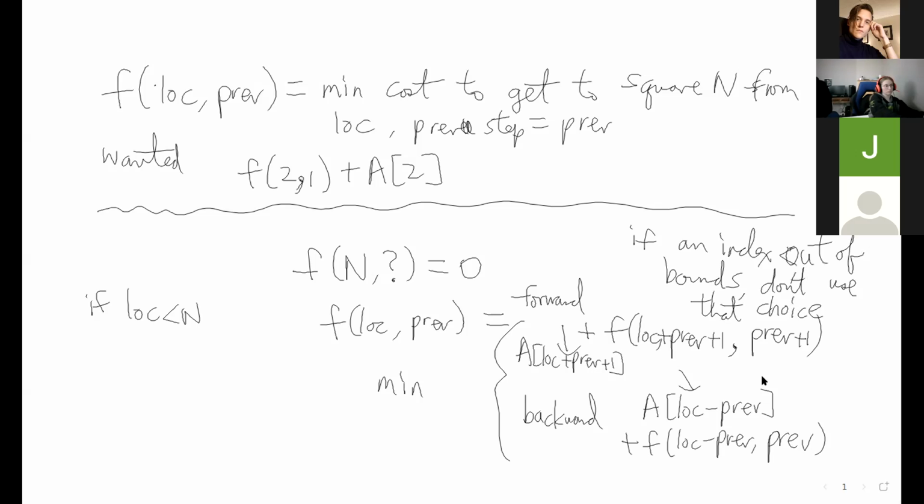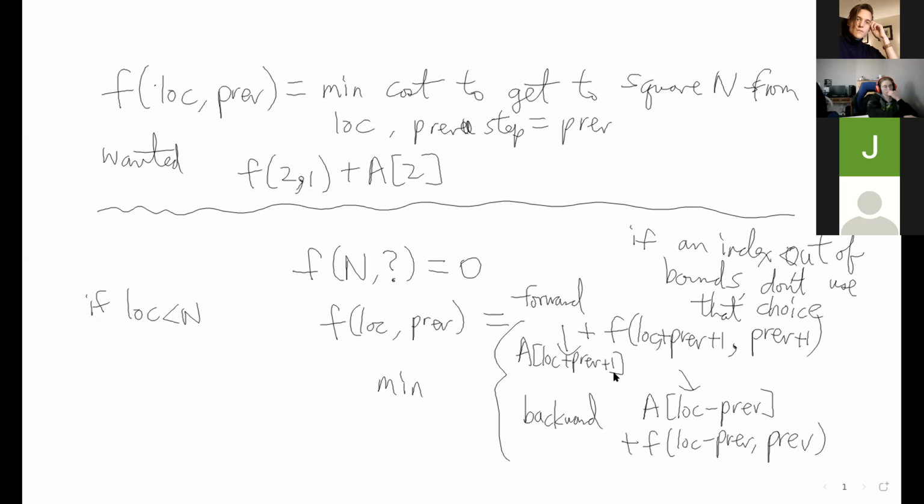Maybe you can't move forward, but you can move backwards. So for this minimum of the two things, you have to be careful to make sure that the choice that you include in consideration is actually possible.